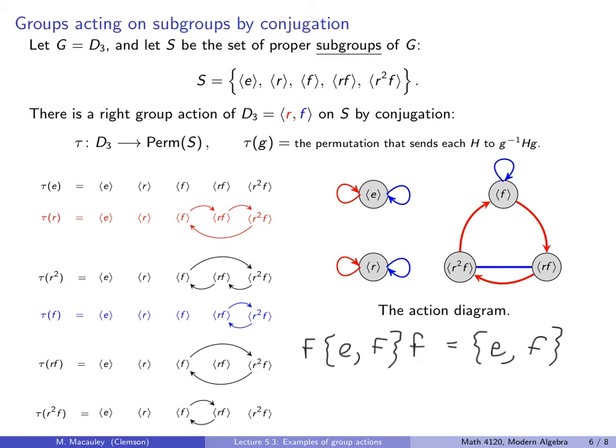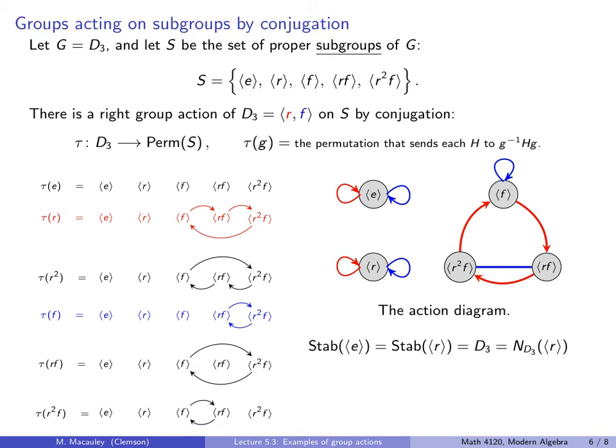But what would happen if we included the full group D3 in here? What would that look like in the action diagram? Well, D3 is normal, so that would be a fixed point. And r would fix that, as would f. So we just get another fixed point. And that's another reason why I didn't include this, because I didn't feel like it was necessary to have a third subgroup that is fixed by everything.